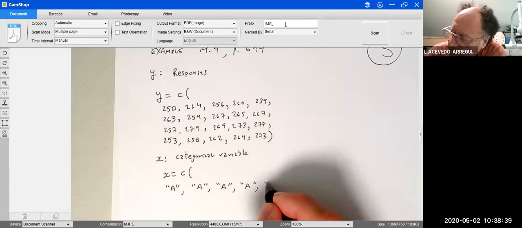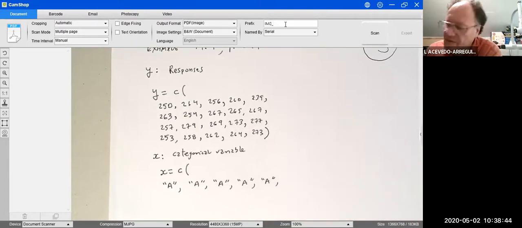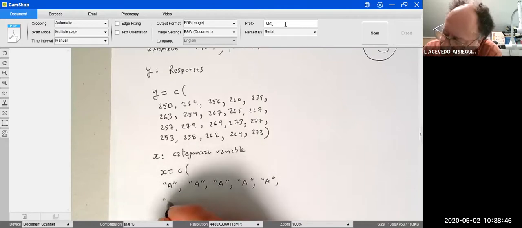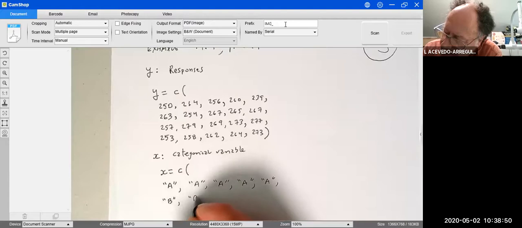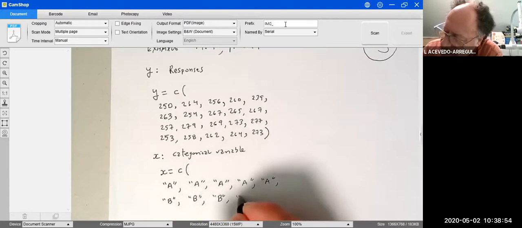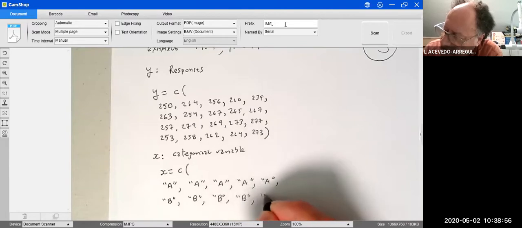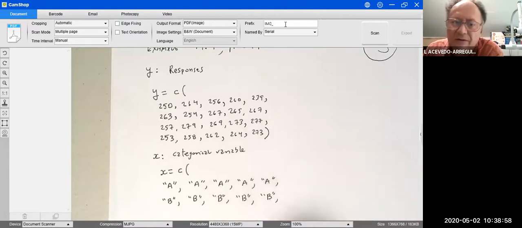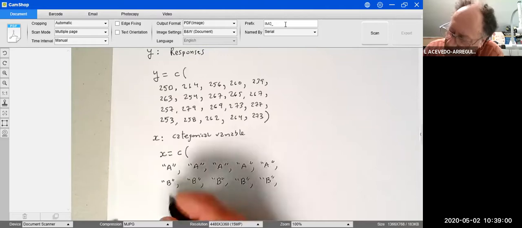So that is going to be my first 5 values. Then you're going to do the same thing with the next 5 that correspond to category B. So you can see that this is a lot of work, but it's worth it, because later you're going to see that you're going to get your answers very well obtained.